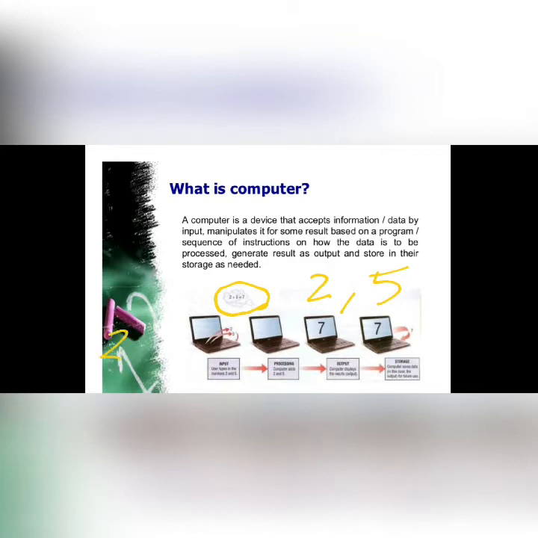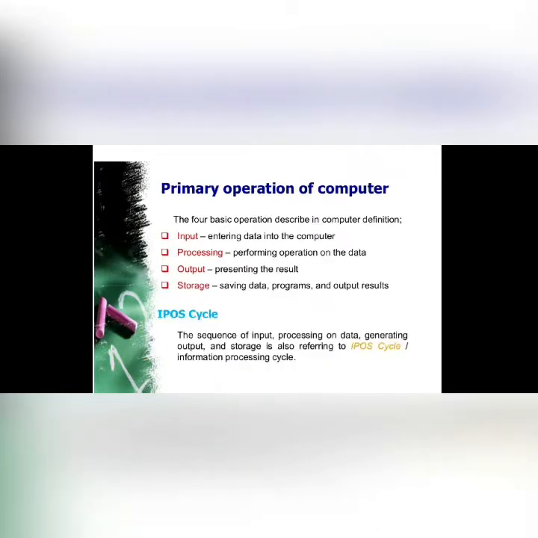So 2 plus 5, this is processing, and what will be the output? 7. Here 7 is the output. And then storage: we can save our calculations, output or result in the computer for future use.